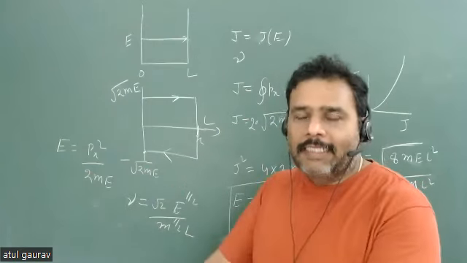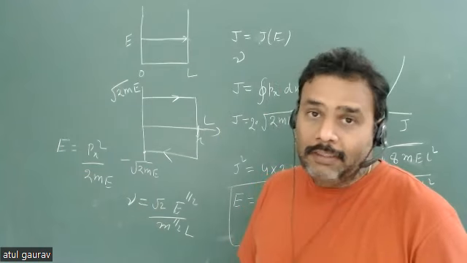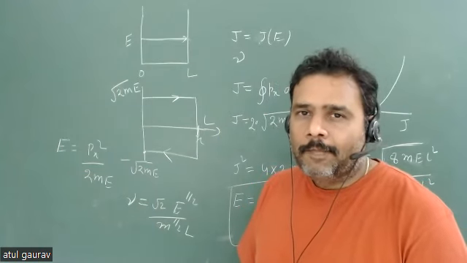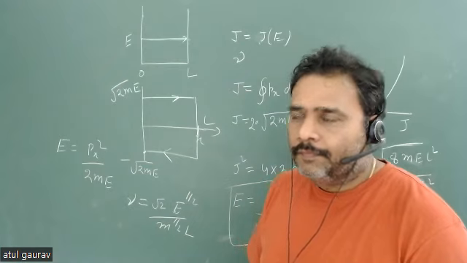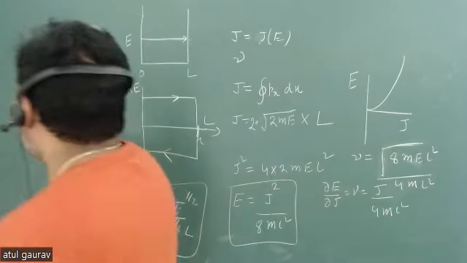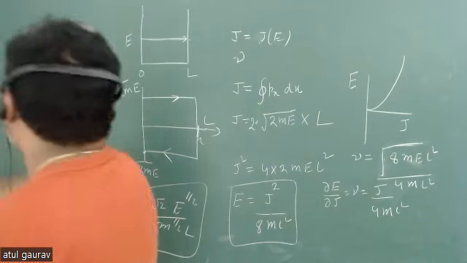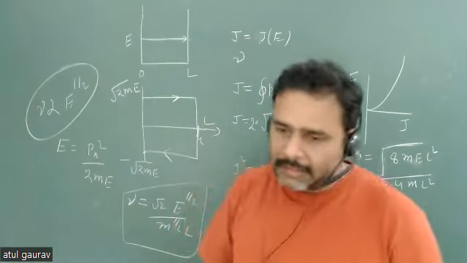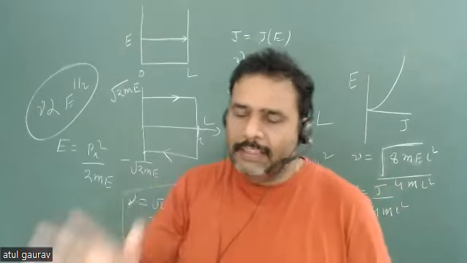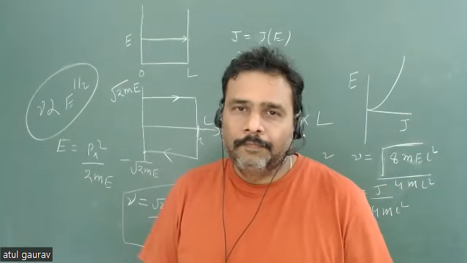The frequency will change by root 2 times, isn't it? You can see the frequency is proportional to E to the power half. And this type of question is always expected in your exam.